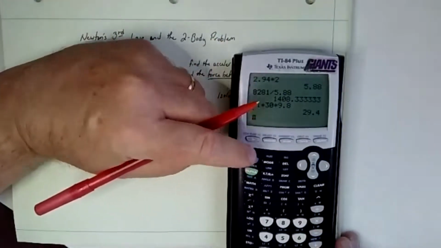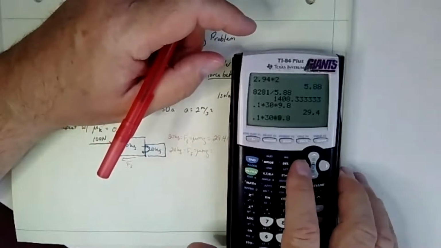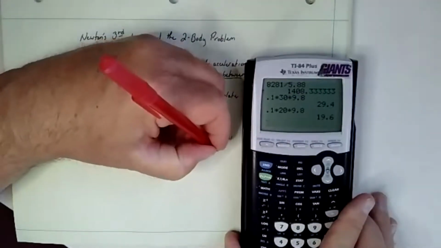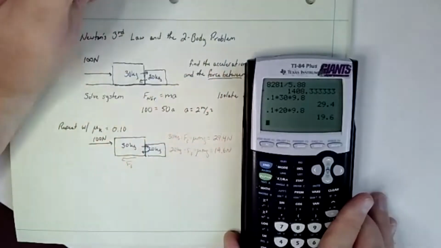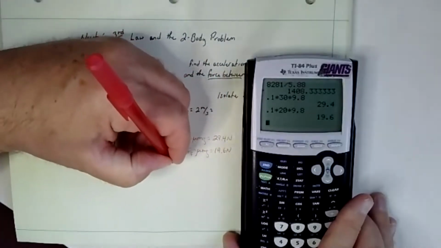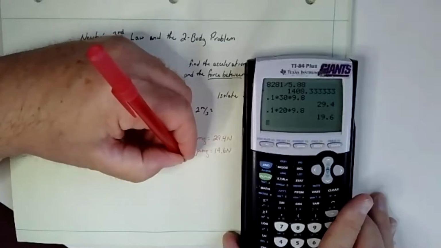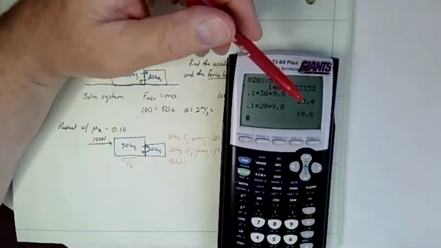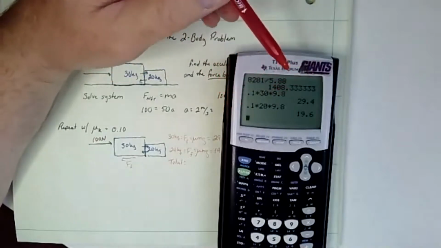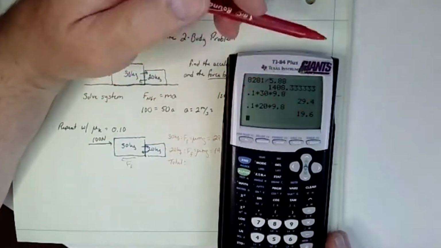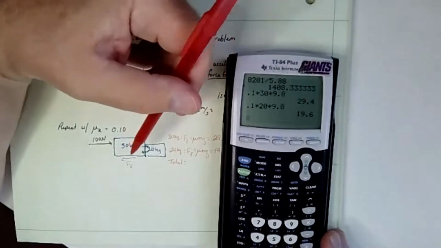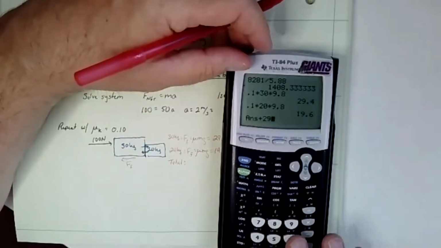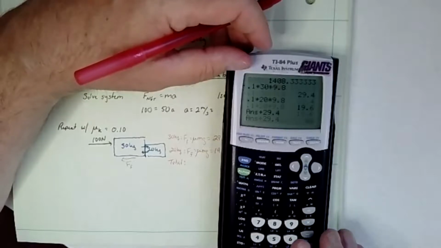And so I'll just repeat this calculation and do it for 20. That's 19.6. And then total, of course, happens when I add these two together. So that's looking like a nice round number, right? So I think that's going to be 49.